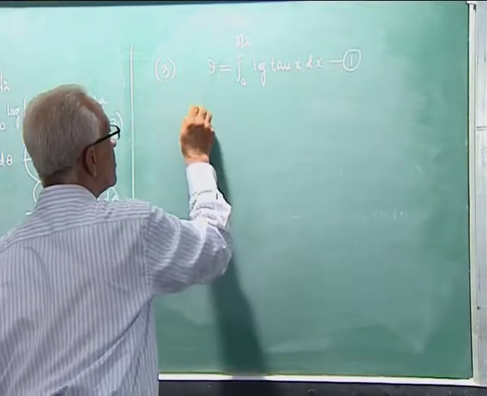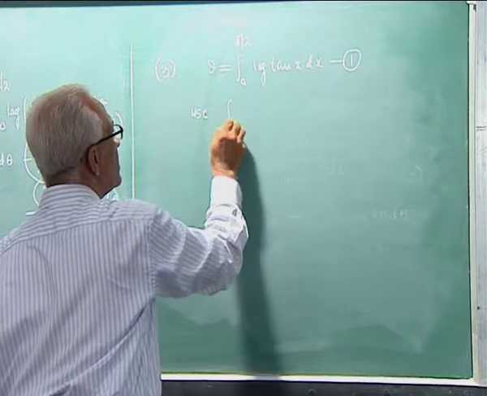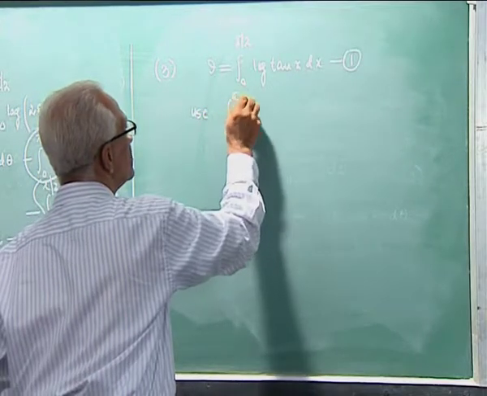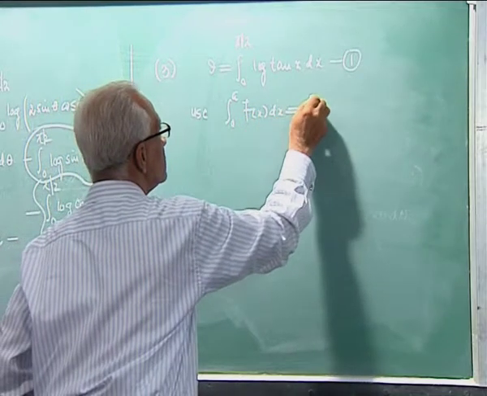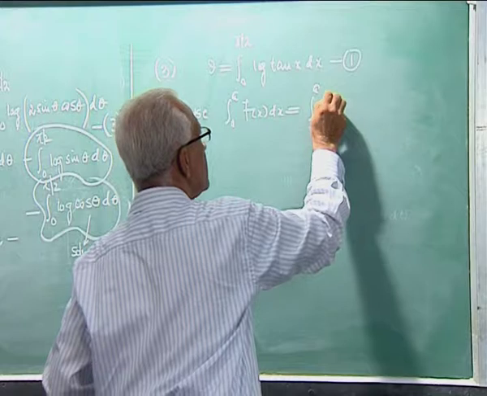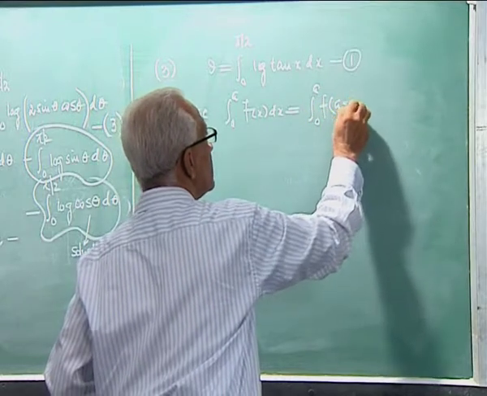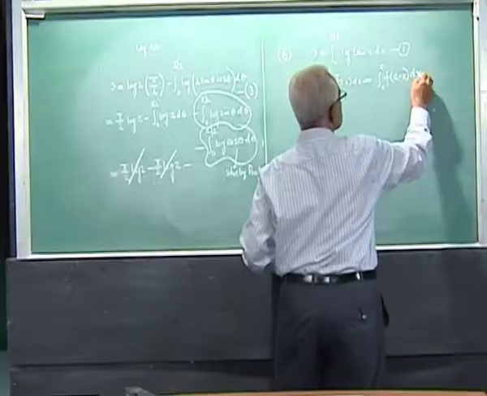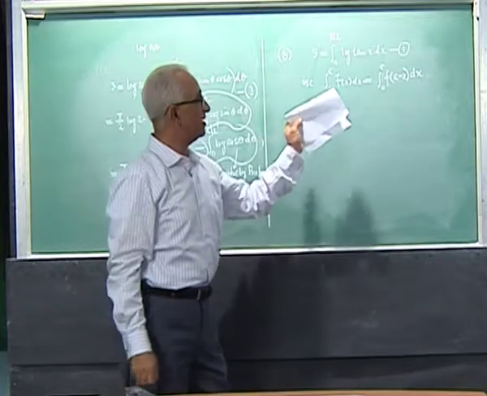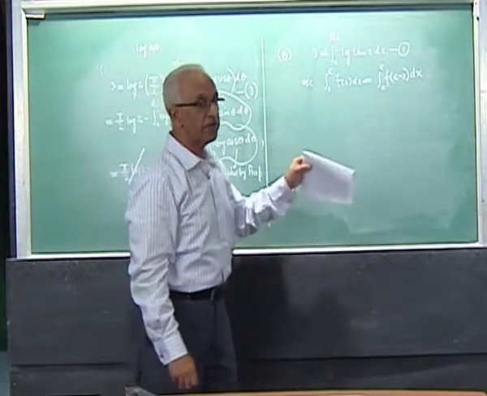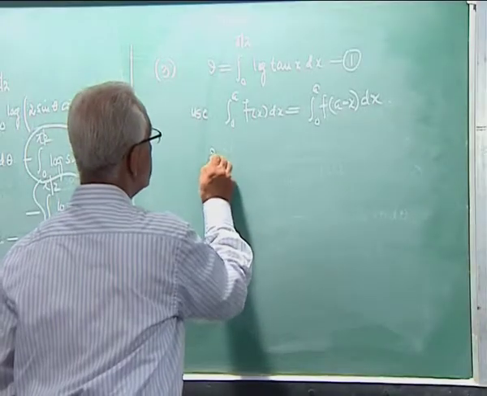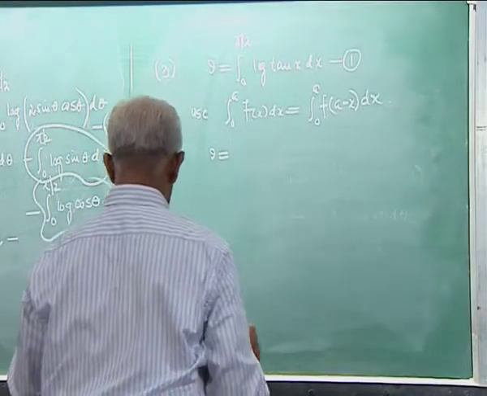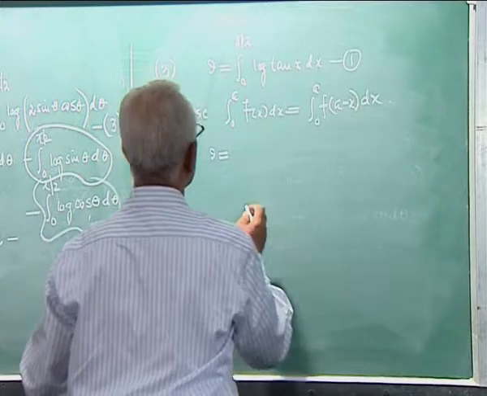I am using the property, which is invariably used mostly: 0 to a f(x) dx is equal to 0 to a f(a minus x) dx. Is that okay? That is the property we have used, and as I have told you, invariably we will be using this property.